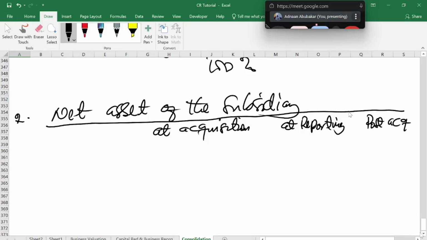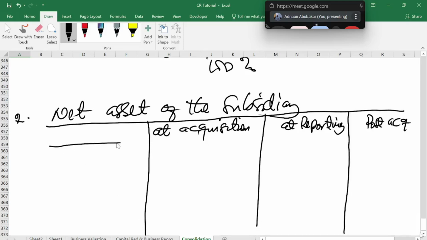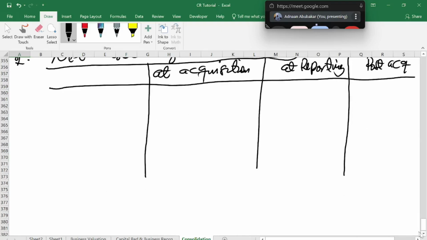So that's how. Now let me throw in some of the likely items that you will see in your question. Maybe your share equity. When the parent came to acquire the company, what is the total share value of the subsidiary?